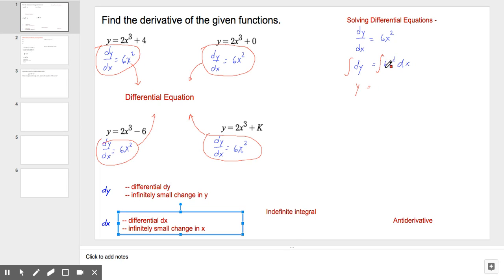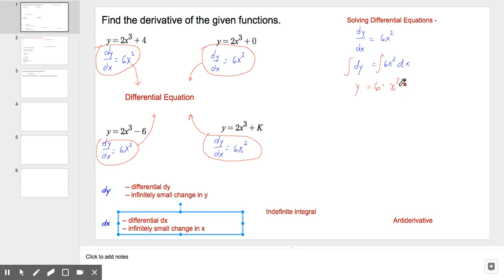Now we have here already 6x squared, so we're going to have here 6 times. Now, remember that when we derive, we reduce the exponent by 1. So if this is x squared here, originally it was x to the 2 plus 1. So let's write that down: x to the 2 plus 1.